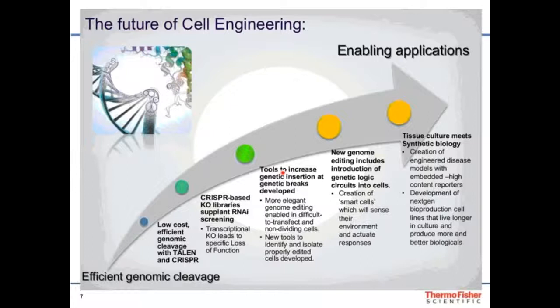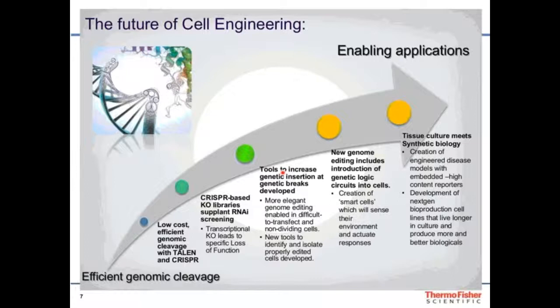if we can learn all these editing tools and create the efficiencies and get expert at creating these logic circuits, and we can combine this with tissue culture technologies that will allow more efficient 3D cell culturing and creation of multicellular tissue-like what we call organoids.